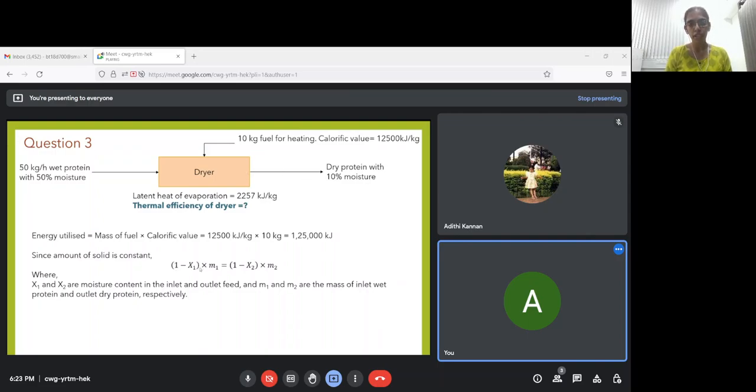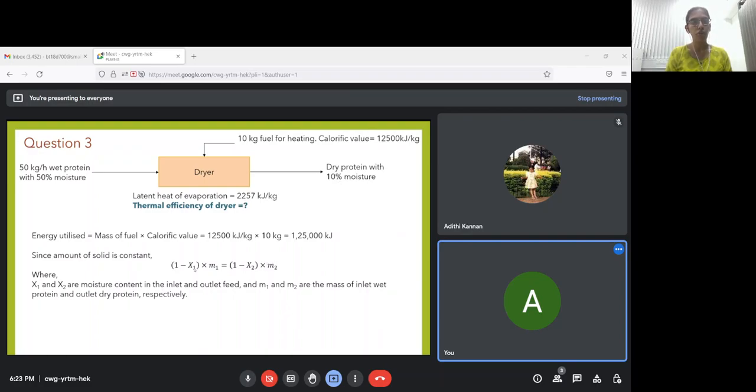(1 minus x1) into m1 equals (1 minus x2) into m2, where x1 is the inlet moisture content, which is 50%, and x2 is the outlet moisture content, which is 10%. So 1 minus x1 will give you the percentage of dry weight in the inlet feed, and 1 minus x2 will give you the percentage of dry weight in the outlet feed, with m1 being the mass of the inlet feed and m2 being the mass of the outlet feed.